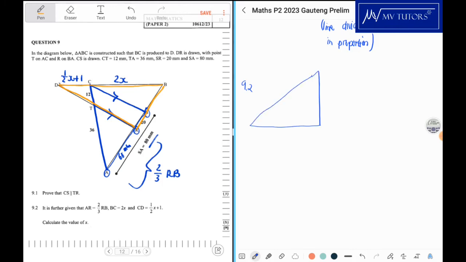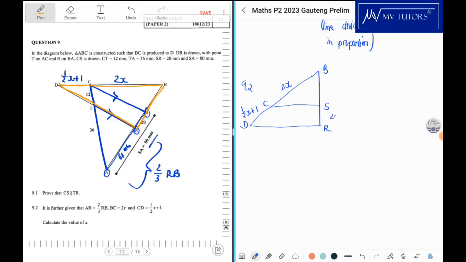It makes things easy for me just to see things properly. If you're a little bit OCD and you just want things upright instead of having to turn your head many times, then this would help. Okay, so DC, we said it's a half x plus 1, and then CB is 2x.